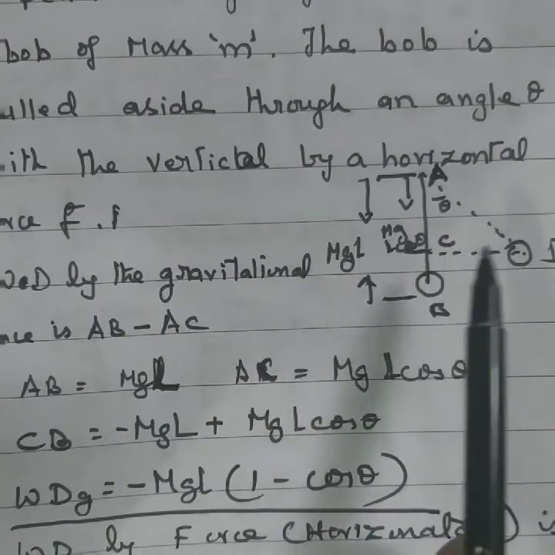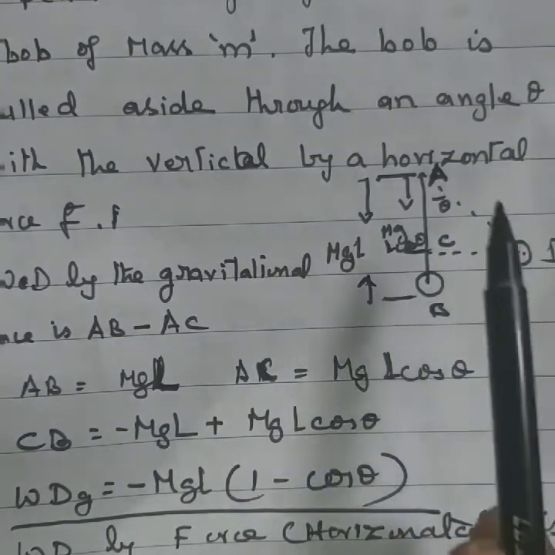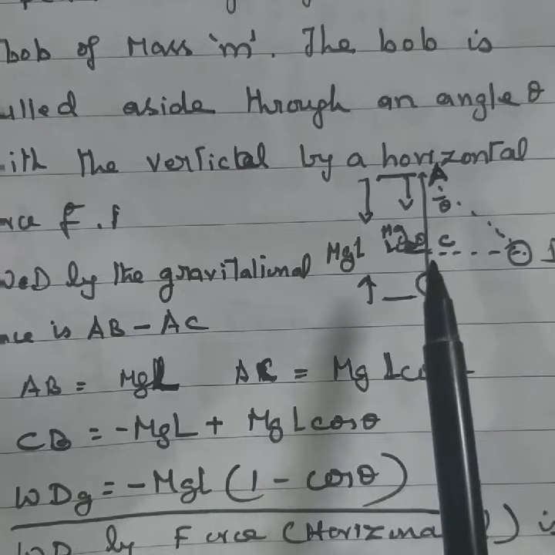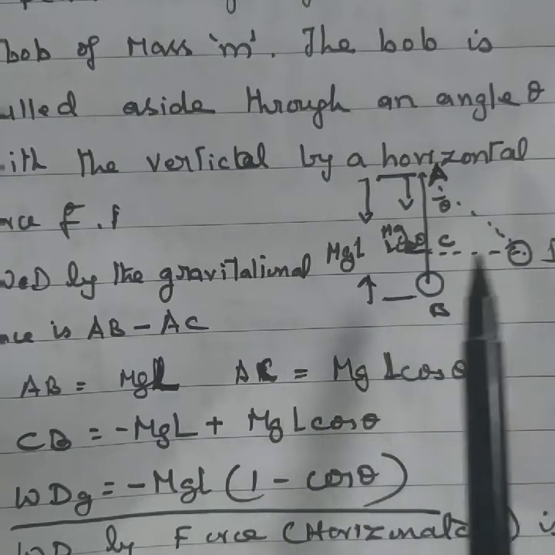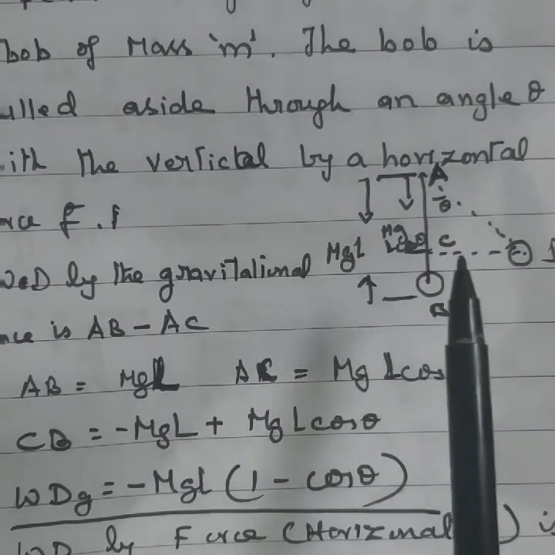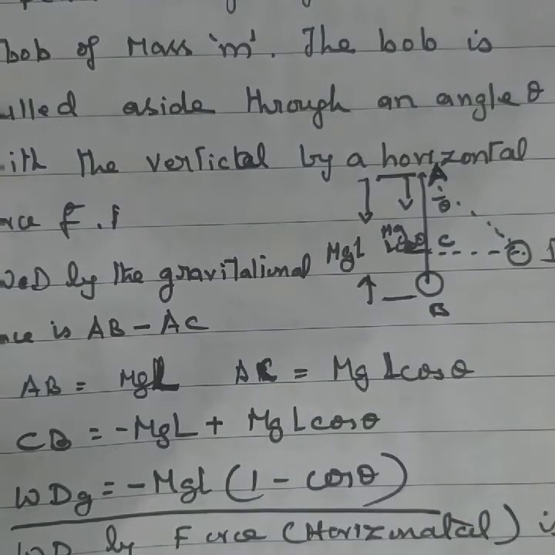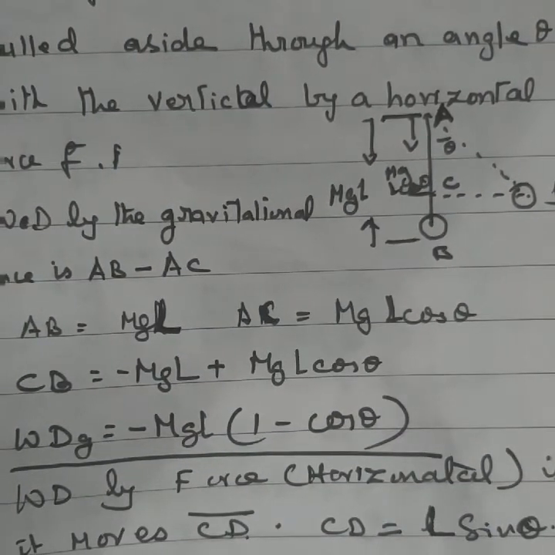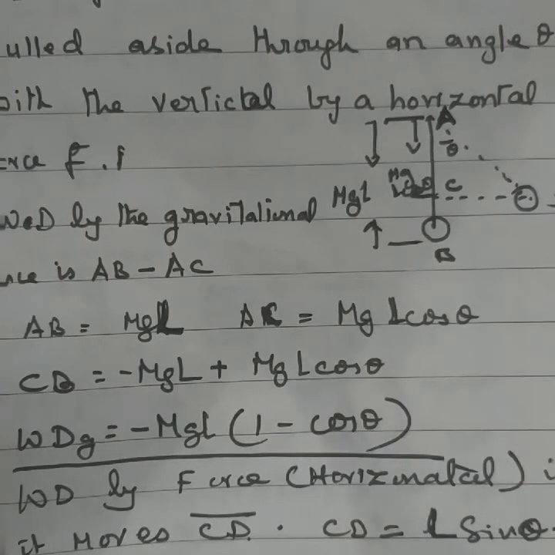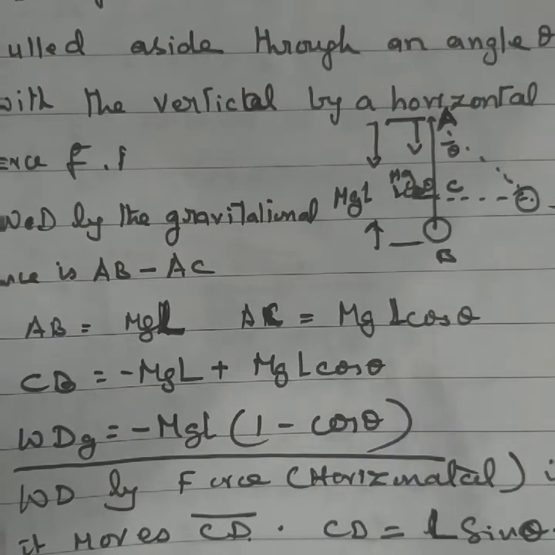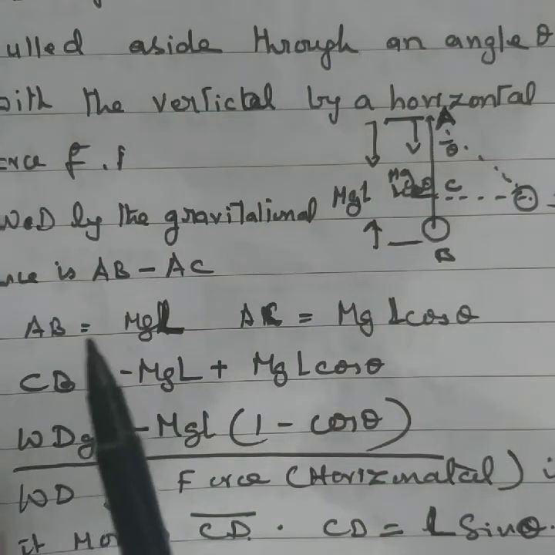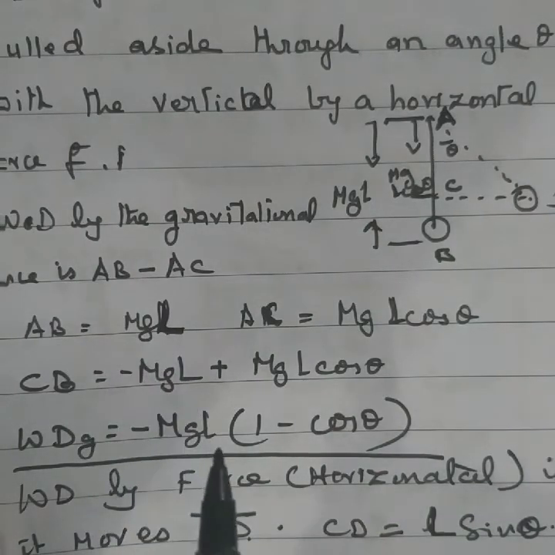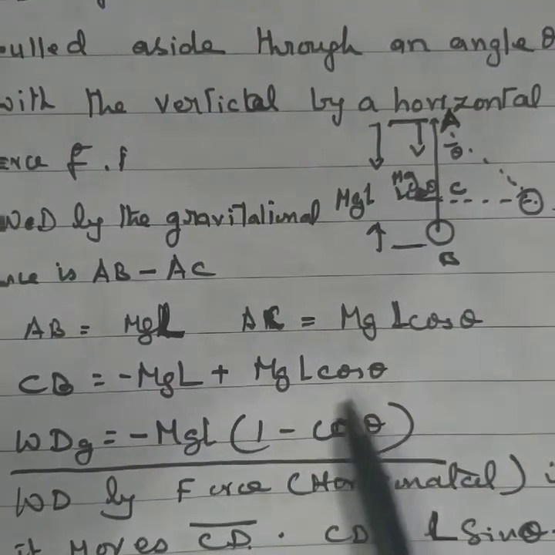Here, this line, in this right angle triangle, again this is theta. Opposite to theta is the vertical one. So this will come as L sine theta. CD is L sine theta. Therefore, work done is equal to FL sine theta. Okay, the work done by the horizontal force is FL sine theta. Work done by the gravity is mgl, 1 minus cos theta. Okay.